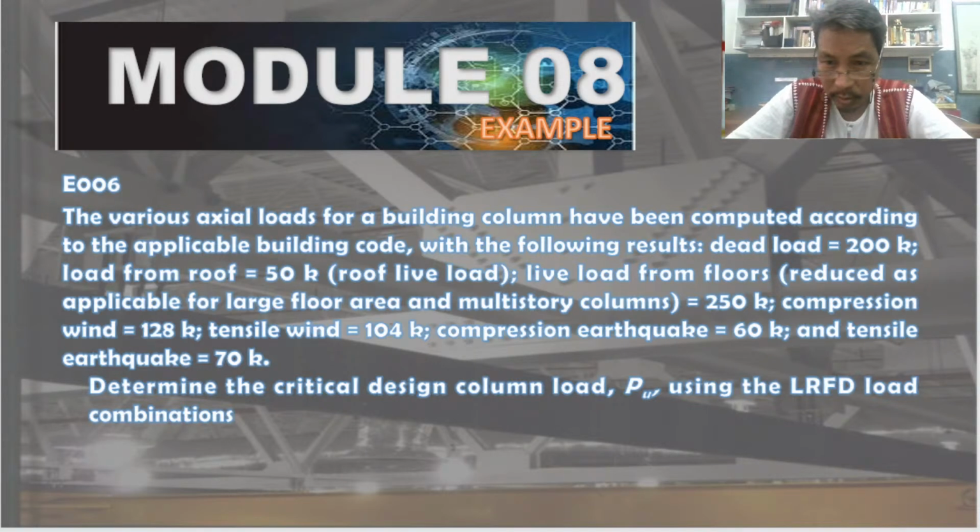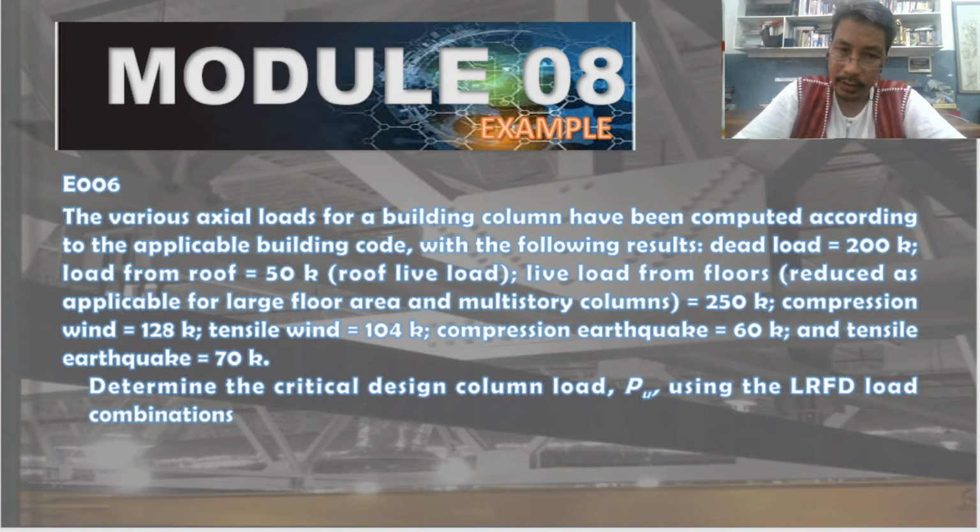Live load from floors reduced as applicable for large floor area and multi-story column, so we already reduced. That is equal to 250K. We can only reduce that if we have large floor area. Compression wind is equal to 128K, and tensile wind is equal to 104K.